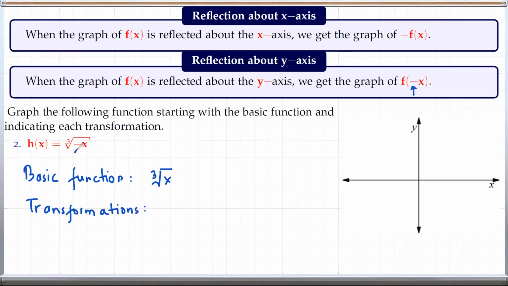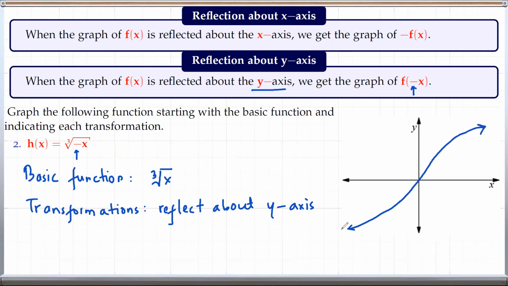So the only transformation I see is that negative in front of x, and that will make it reflect about y-axis. So reflect the graph of cubic root of x about y-axis. So we start by graphing cubic root of x, which will look like this one. So this is the graph of cubic root of x.